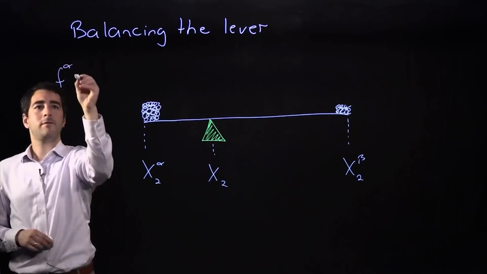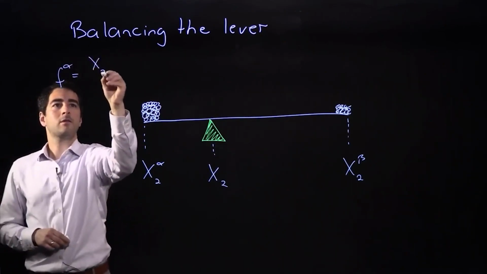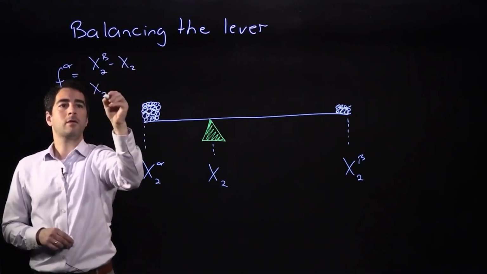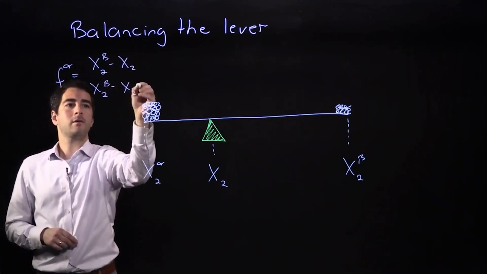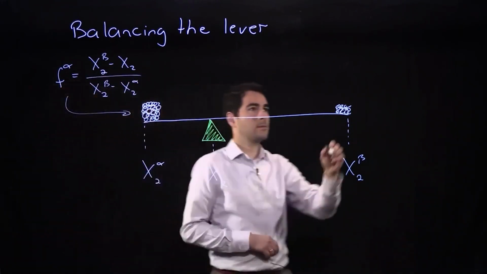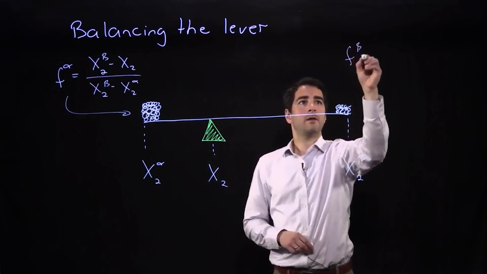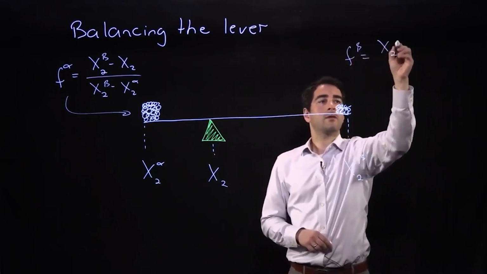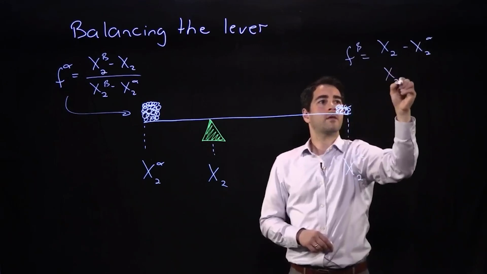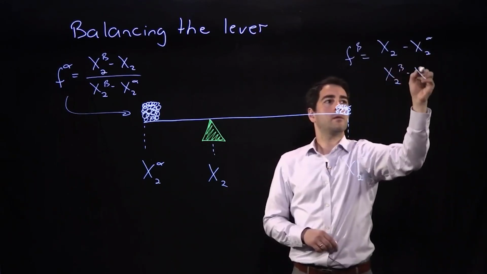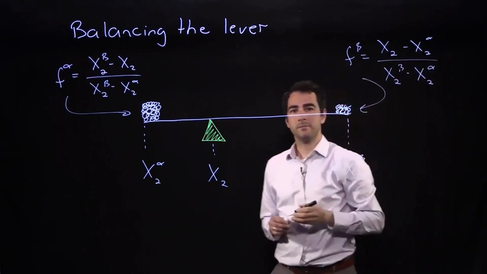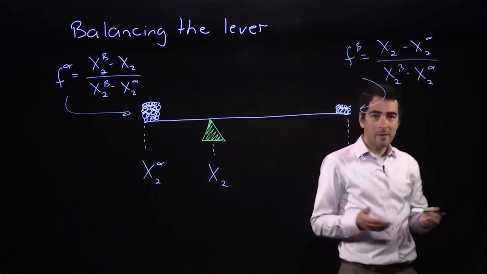F super alpha equals x2 beta minus x2, over x2 beta minus x2 alpha. And F super beta equals x2 minus x2 alpha, over x2 beta minus x2 alpha. And that's why it's called the lever rule.